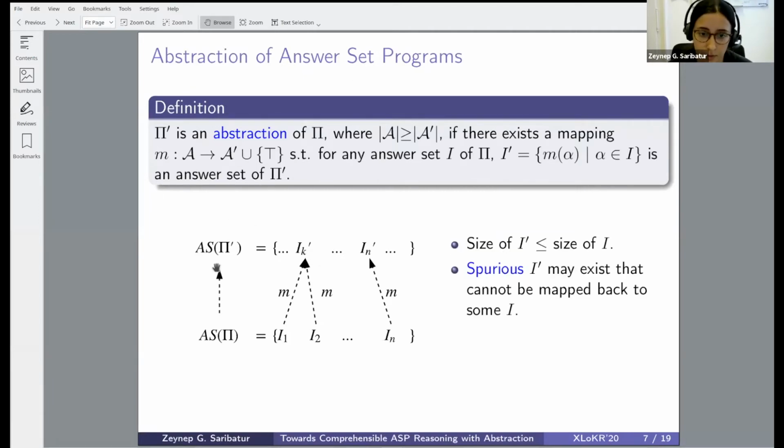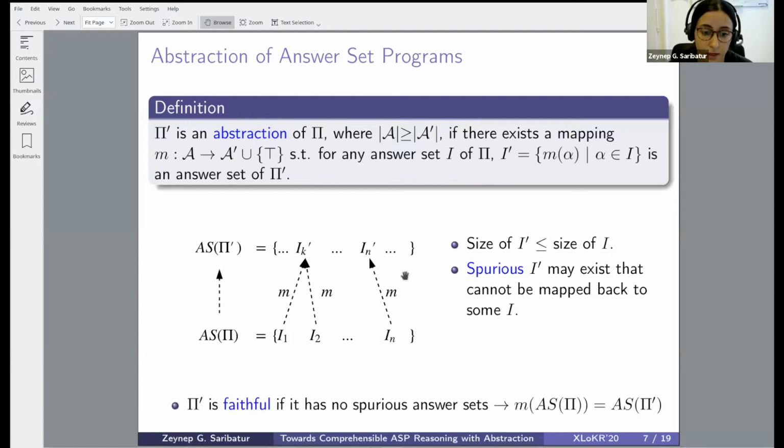In this abstract program, the size of the answer sets could be smaller, but since this is an over-approximation, spurious abstract answer sets may exist that cannot be mapped back. But if the abstract program has no spurious answer sets, which is also possible, then we call this abstraction faithful. And this is a useful property to have, which I will mention later.